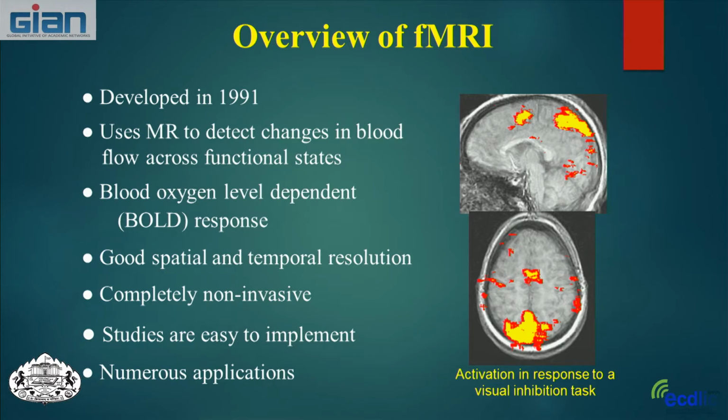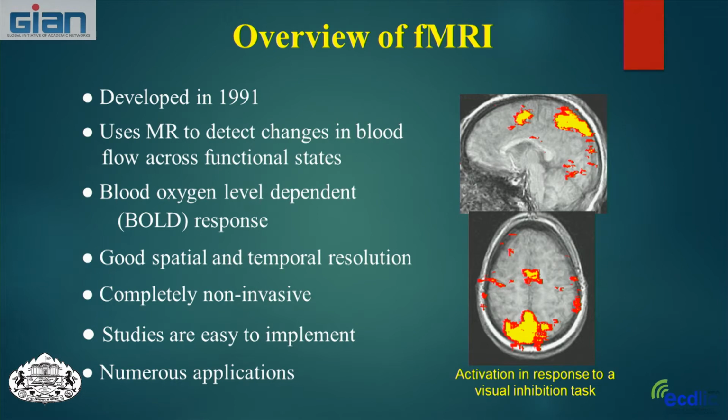It's been really fascinating to watch this field grow and develop over the past 20 years or so. fMRI is based on the principle that we can detect changes in blood flow across functional states within magnetic resonance. This is due to an effect called the blood oxygen level dependent response, or the BOLD response. We'll talk about this BOLD response in a bit of detail.